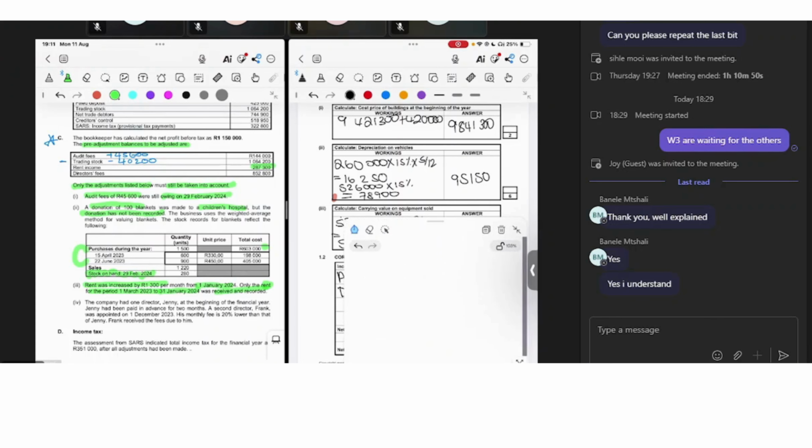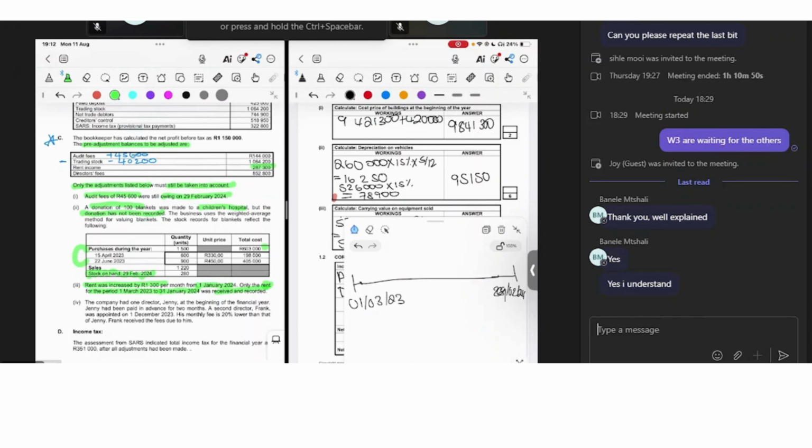So we need a timeline for changes. I'll say it a lot with our questions: timeline, timeline, timeline. Most of the things need a timeline. So 1st March 2023, our year ends on the 29th of February 2024.